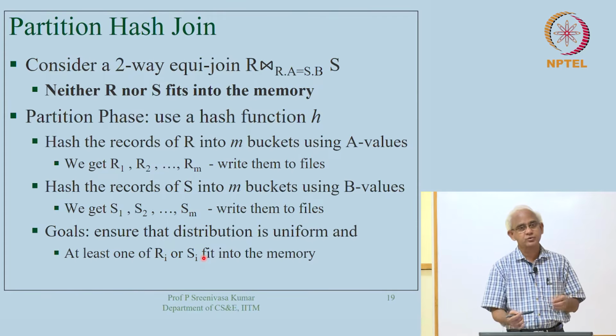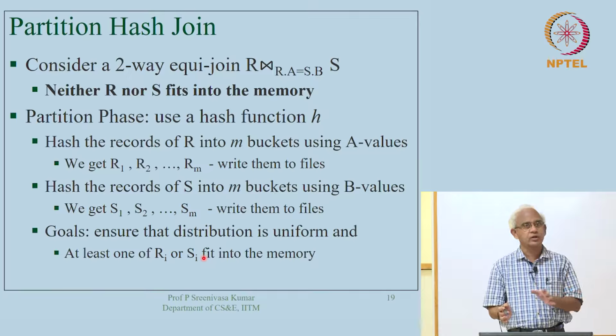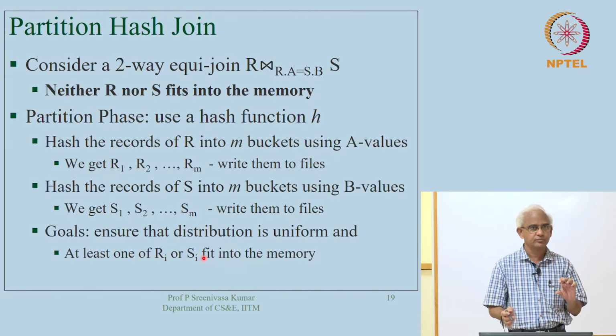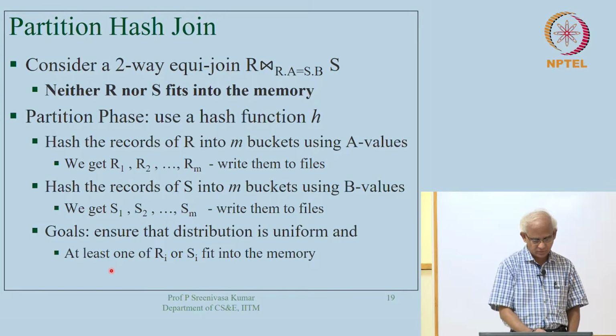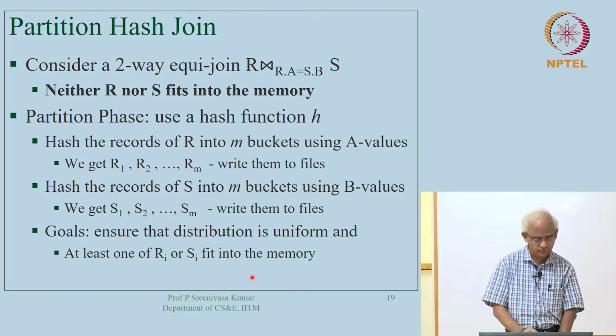So, you can increase that value m and that will produce a large number of buckets, and if the records are uniformly distributed over all these buckets, then the bucket size will be small. So, you can choose the number of buckets appropriately so that individual files fit into the memory, one of them at least, say Ri or Si. This will be the goal of choosing the hash function.